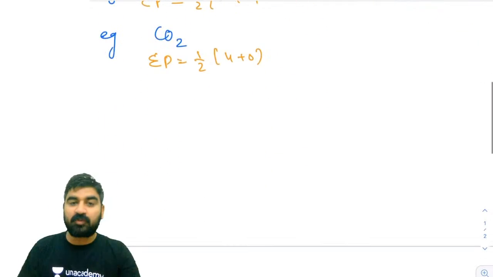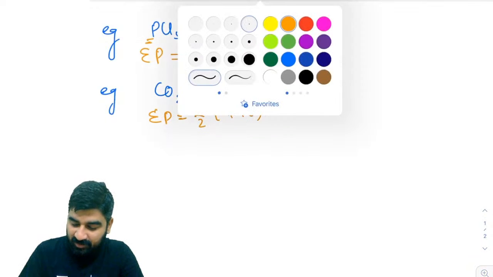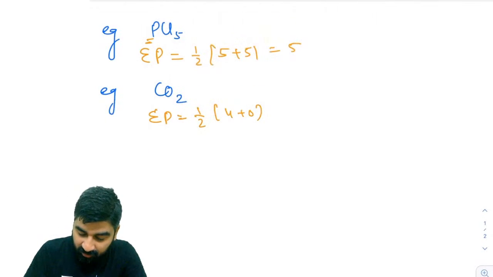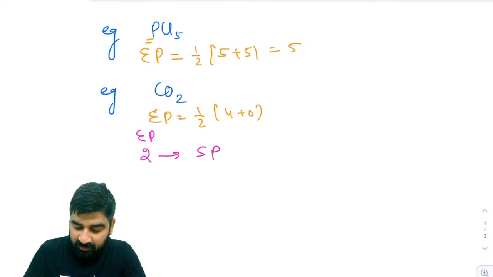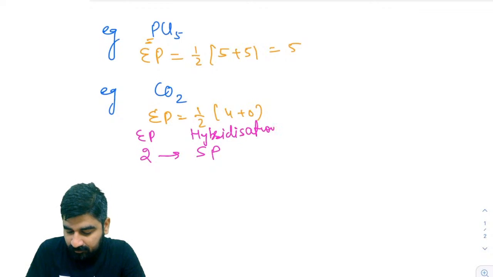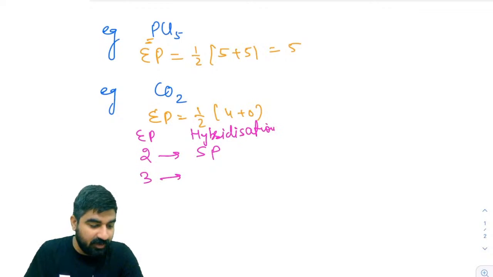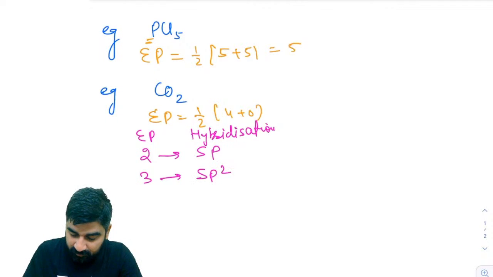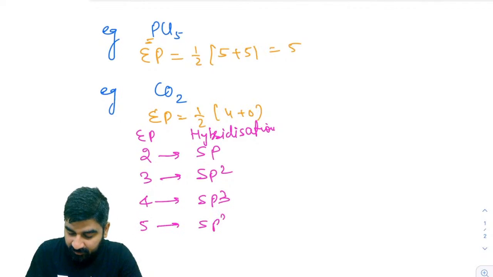So now what will you do with the electron pairs? Now I will tell you guys. Note it down. If you have 2 electron pairs, then I will say sp. Hybridization will be this. If we have 3, then we will say sp2. If we have 4, sp3, then 5, I will say sp3d.